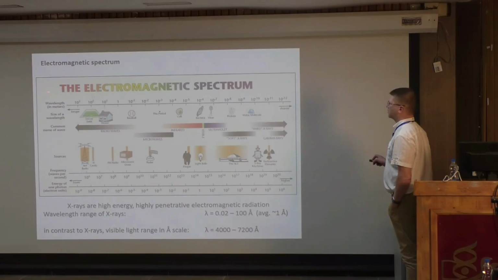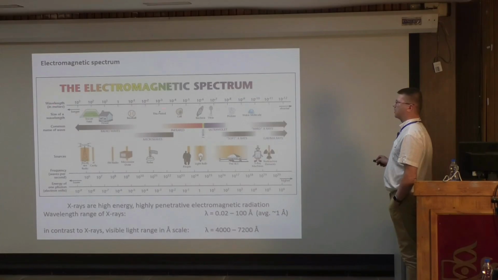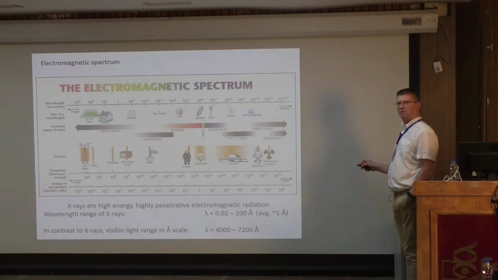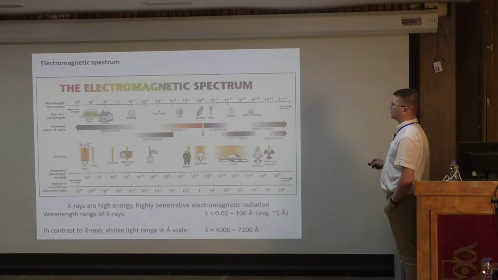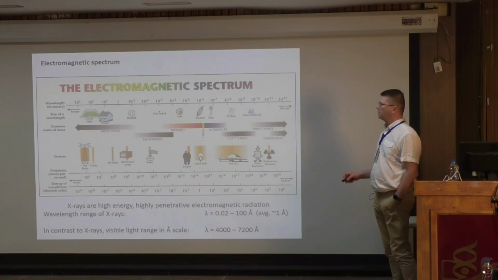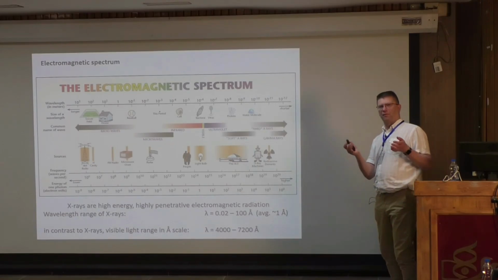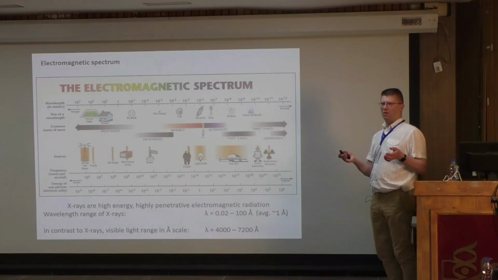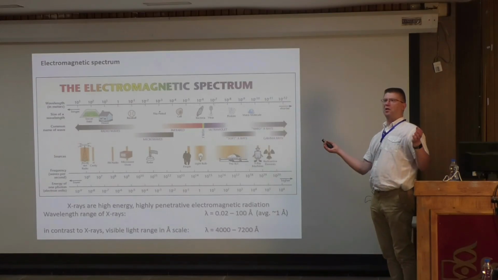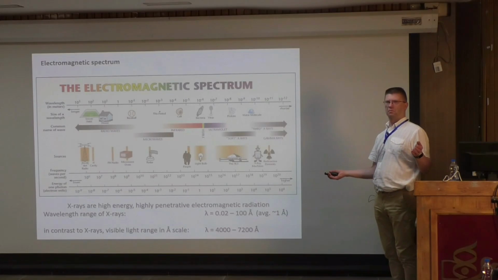Consider real objects: if we take a soccer field, the wavelength needed to image a soccer field would be 10 to the power of 2 meters. So with radiation of wavelength 10 to the power of 2, we would be able to see the soccer field.